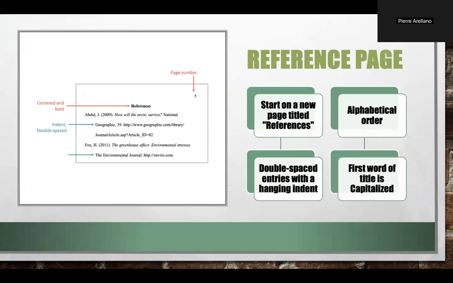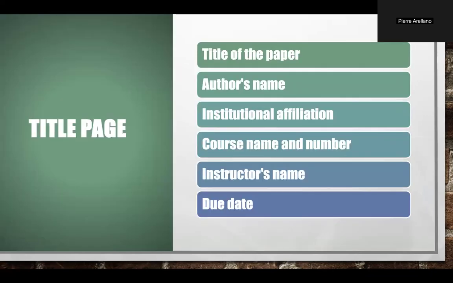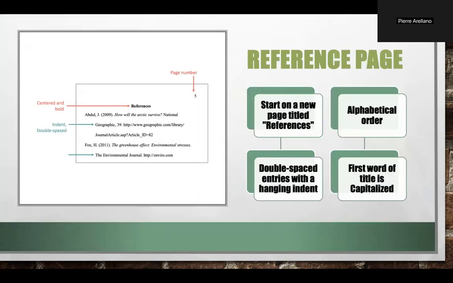After you have a title page, then you have your paper as normal. Then after that, of course, you have your references page, which is called references for APA. For MLA, it's called works cited, but for APA, it's references. You'll have what you see here, an example: a centered references, and you bold it.